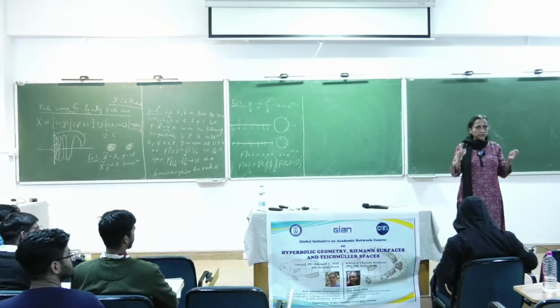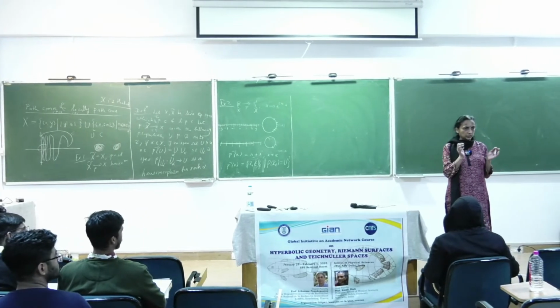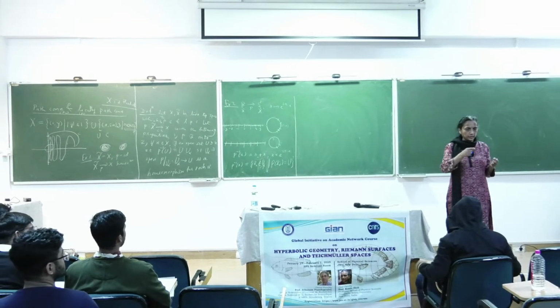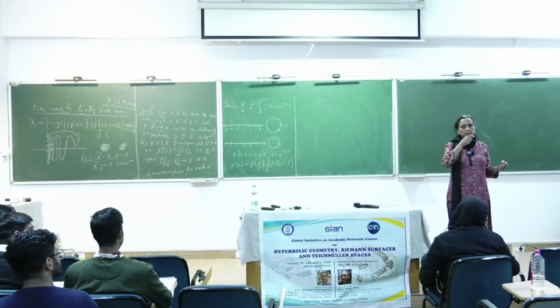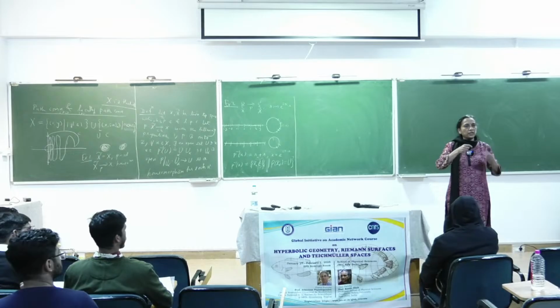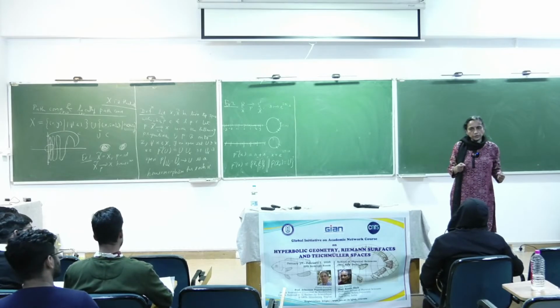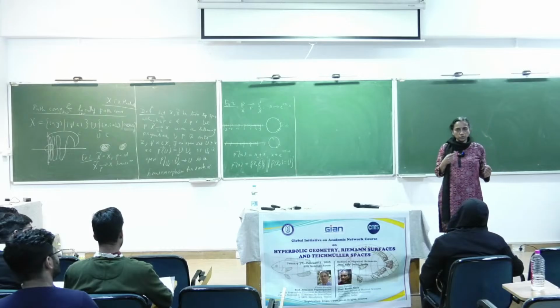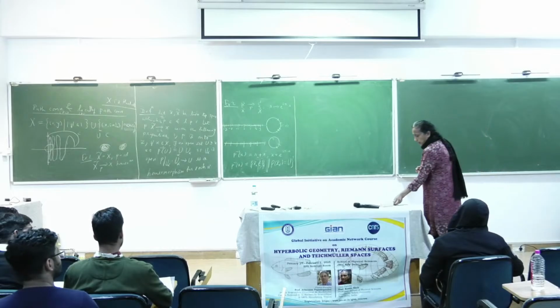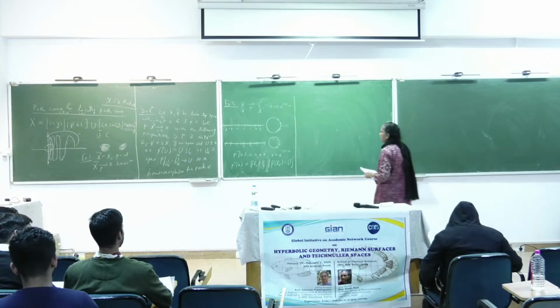Or you can take S2 in R3, the unit sphere, and identify antipodal points, because a line will cut S2 into exactly antipodal points. So it's a quotient space of S2 or R3 minus 0.